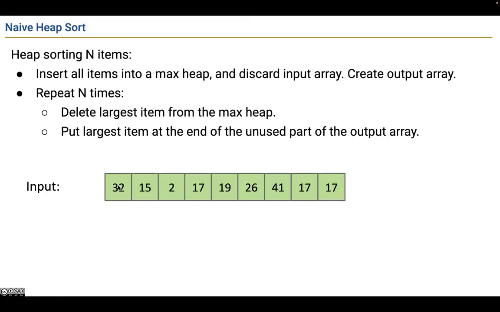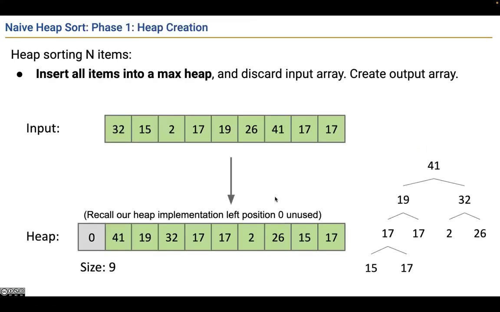Okay, so here I go. Here's my input array. It's our old favorite array. This is our favorite despite the fact that we've only seen it once, but it's our favorite array. We're going to put all the items in a max heap and then pull the items out one by one. So here we go. Here are the items. I will shove them into a max heap. After adding them into a max heap, you get a picture that looks like this.